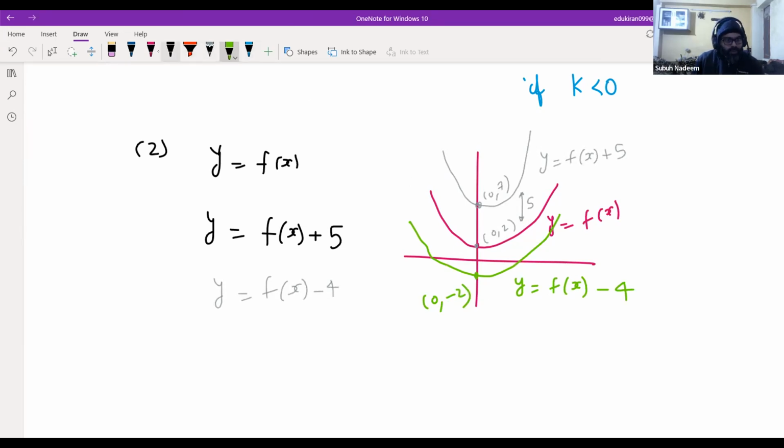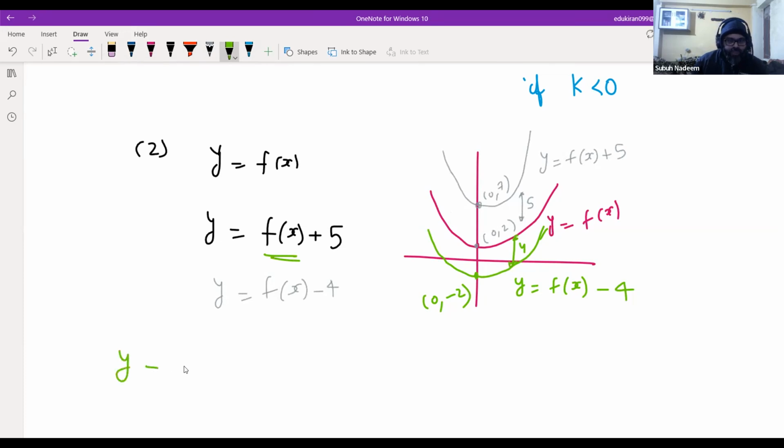It may look like the shape is getting changed, but the shape is the same. It is parallel, so it will be shifted by 4 units downward. So here we are adding to the output. Initially, we were adding or subtracting to the input.